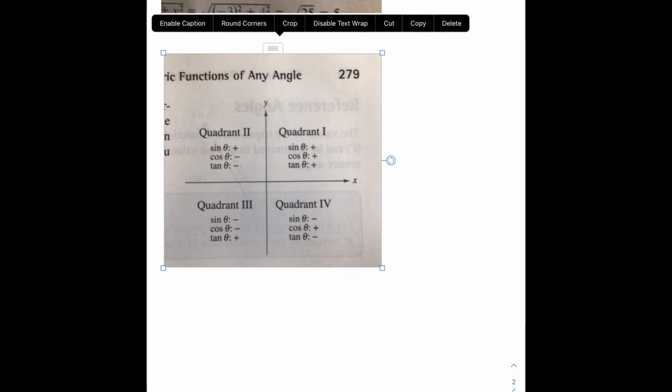In quadrant 2, as we know, our x's, which is like cosine, become negative, and our y's, which is like sine, become positive, but then a positive divided by a negative still gives me a negative, which is why tangent is negative. But then in quadrant 3, negative divided by negative is positive. That's why you get a positive tangent. So really, using some of these ideas, you can help to narrow things down.